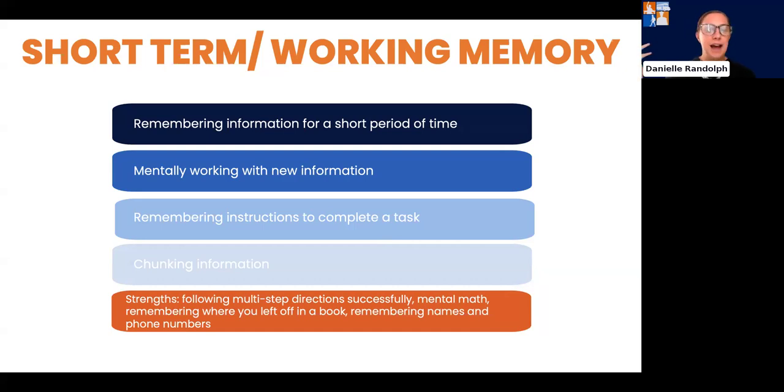And they give you a list of 5 or 6 different things, being able to chunk that information into produce or meat, just to help your memory store it away. If this is a strength of yours, it would be following multi-step directions successfully, doing mental math, remembering where you left off in a book, and remembering names and phone numbers.